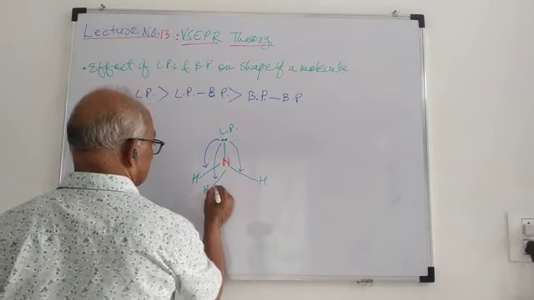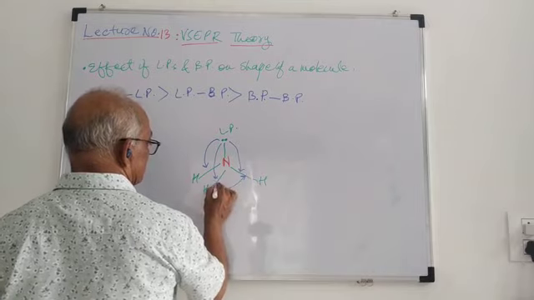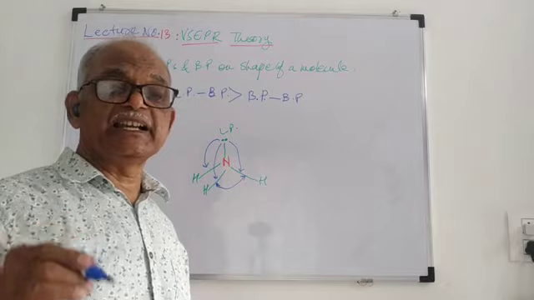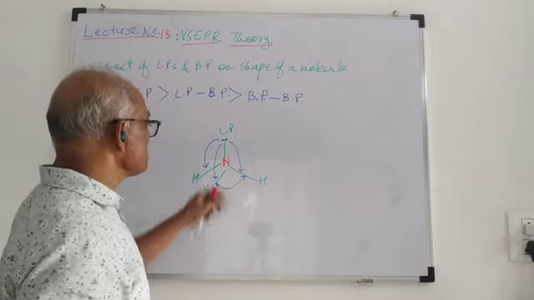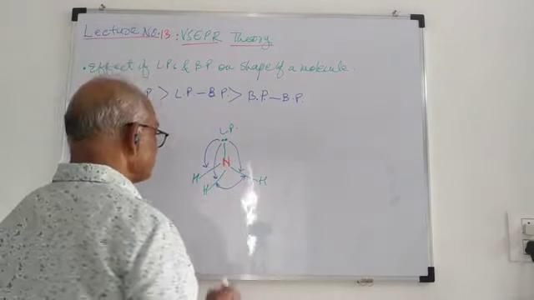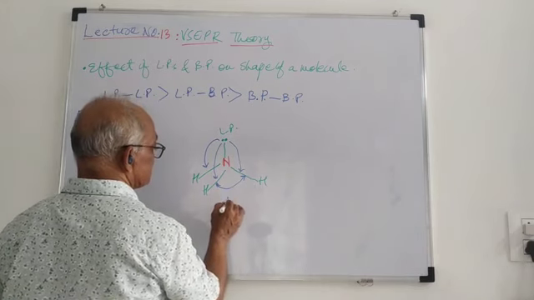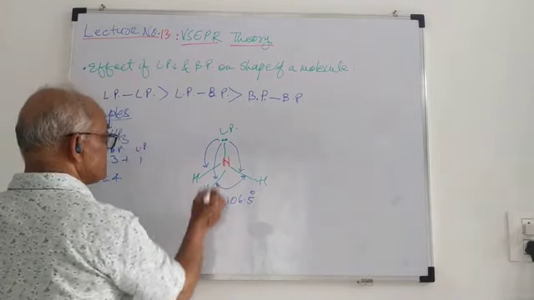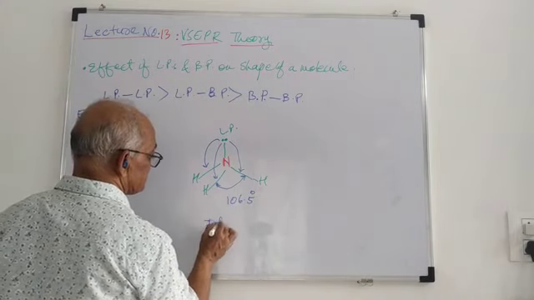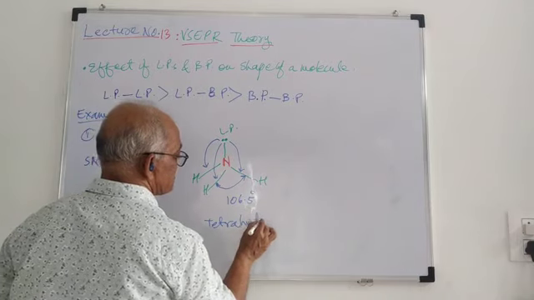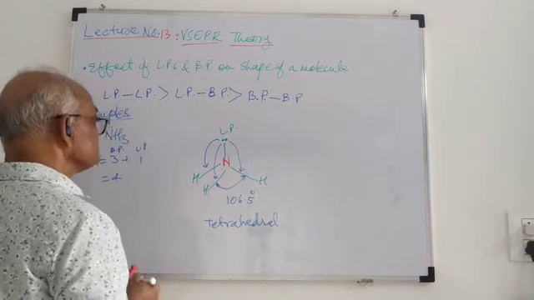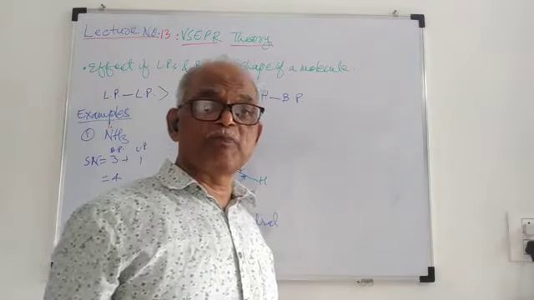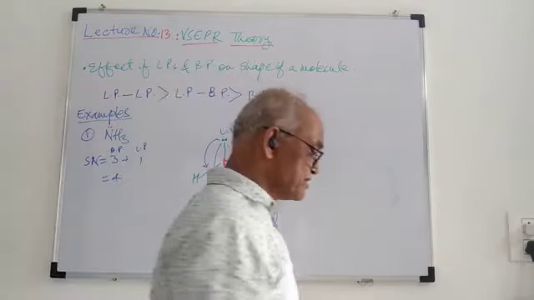The expected bond angle is 109 degrees 35 minutes, and because of this repulsion it gets reduced to 106.5 degrees, and the shape of this molecule is tetrahedral. So the presence of this lone pair shows reduction of bond angle by some degrees.